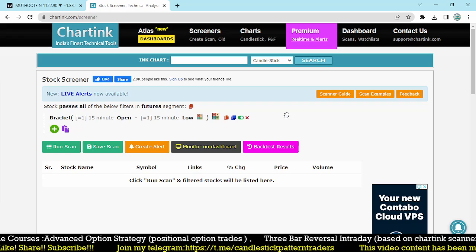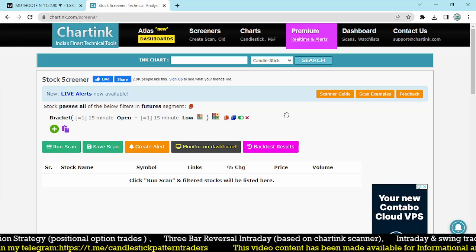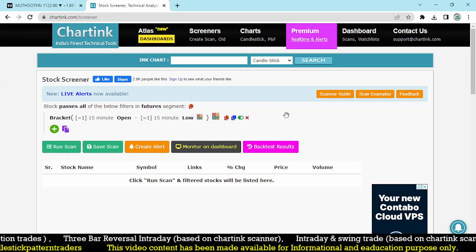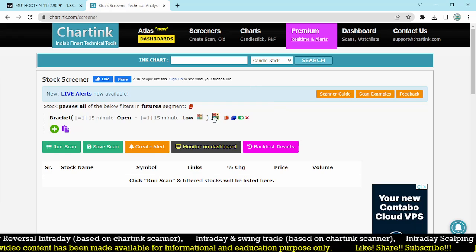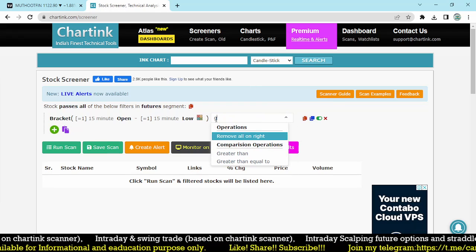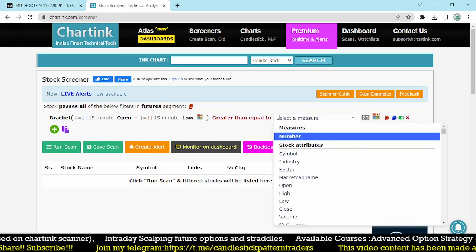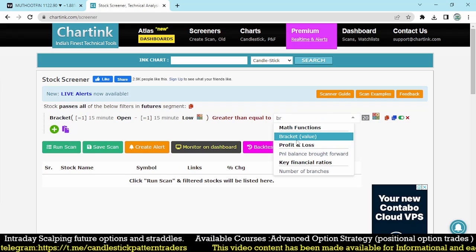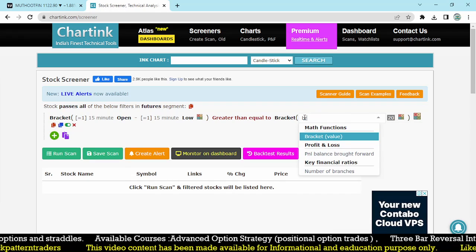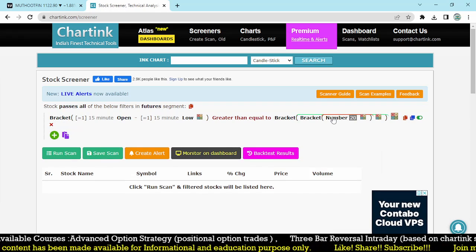That will find only the stocks which form a first 15 minutes candle. Only the first candle will be considered. We use it must be greater than or equal to the bracket value. The bracket value we use to calculate the values, right?